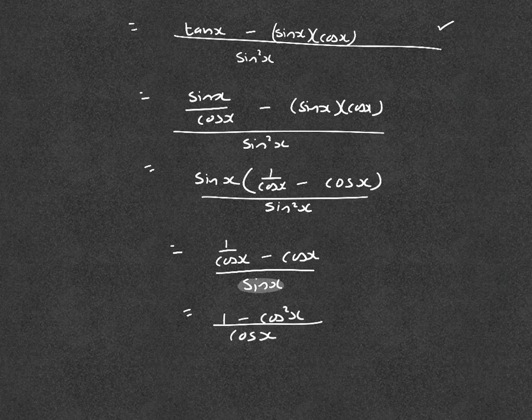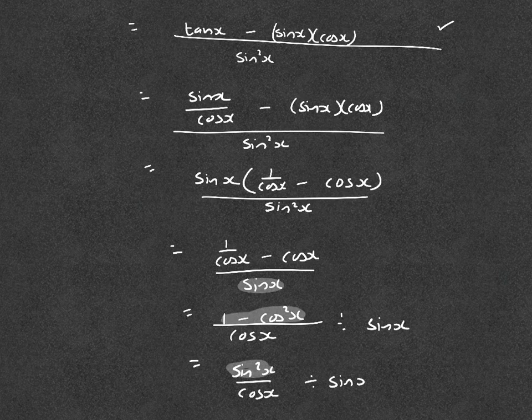Dividing by sine x is the same as times by 1 over sine x. So 1 minus cos squared x over cos x. Well, what is 1 minus cos squared x? That's sine squared x from the identity. What am I saying? Sine squared x plus cos squared x is equal to 1.